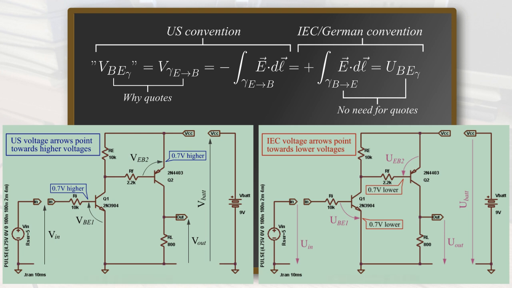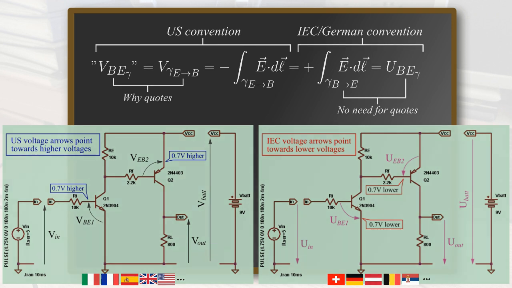As you can see from the figure, the only difference between conventions is the inversion in the direction of the arrows for all voltages, input and output voltages, voltage drops on resistors, transistor voltages, and so on. In both cases, for an NPN transistor, we obtain a value of plus 0.7 volts, but notice how the arrows that represent this voltage are reversed.